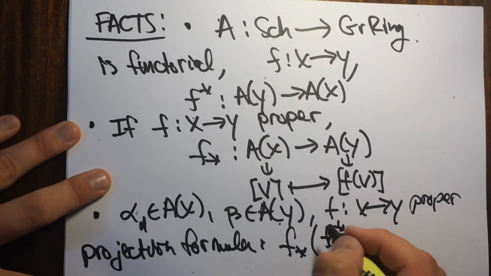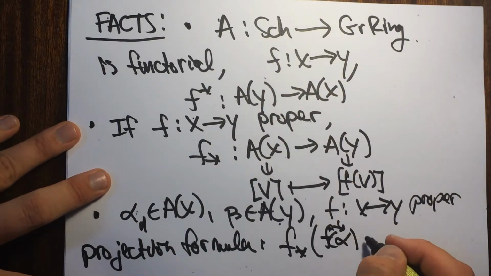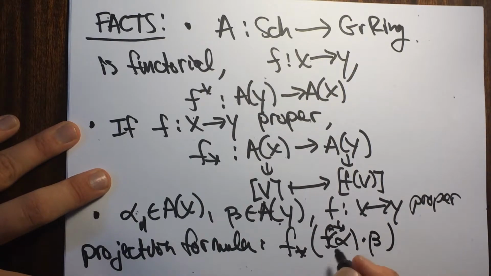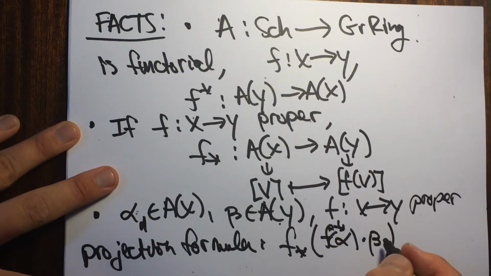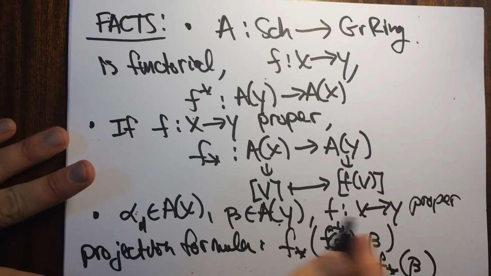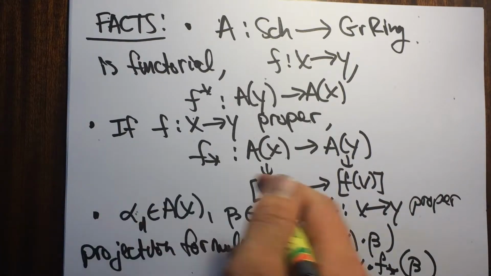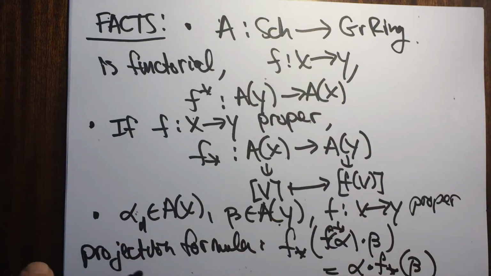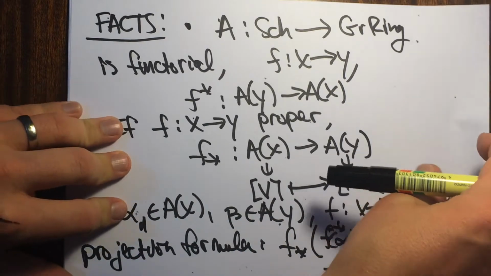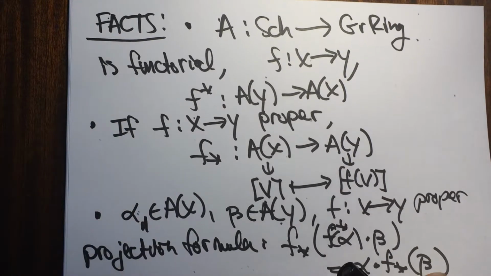If I have this pullback map, I can pull back a class and multiply it here. Well, these two things destroy each other, and it distributes. So this is equal to alpha times f lower star of beta. Okay, so this is what the projection formula says. It's interesting to compare this to the Frobenius and Verschiebung in characteristic p, or for Witt vectors. And this is not an accident.